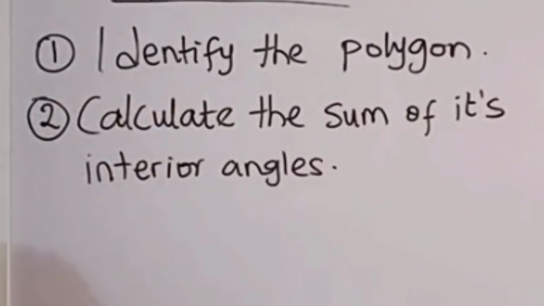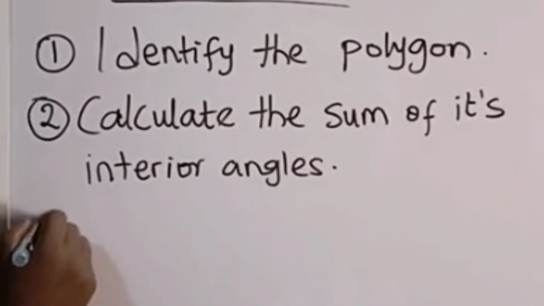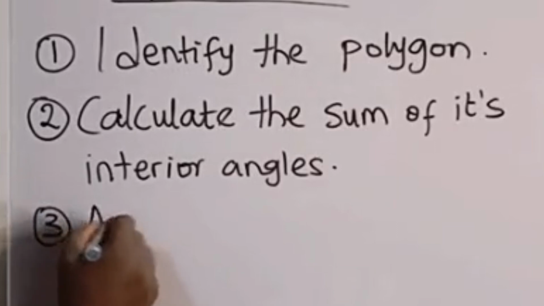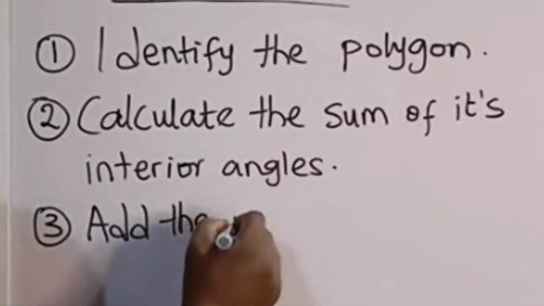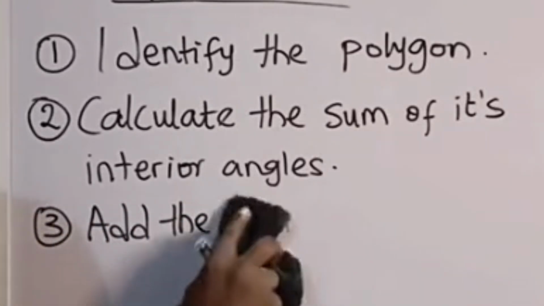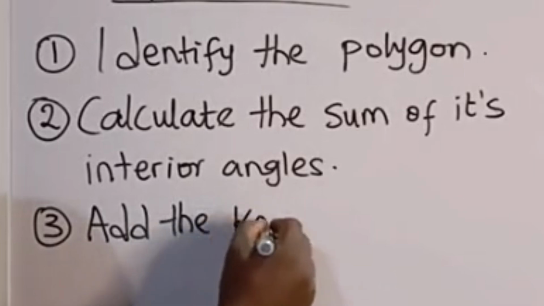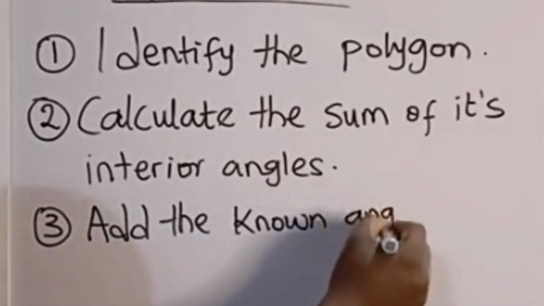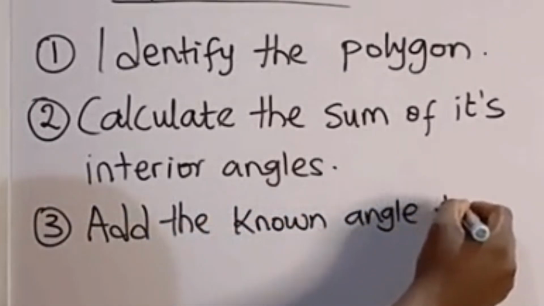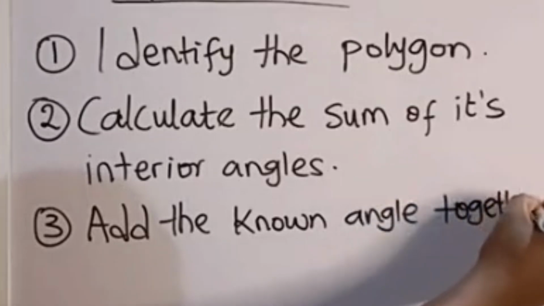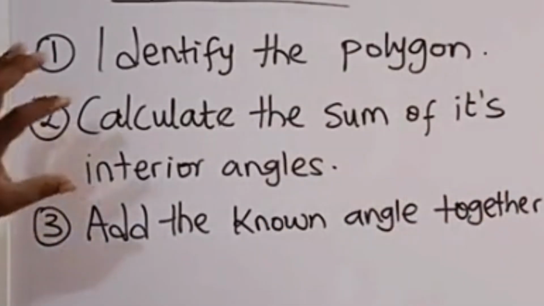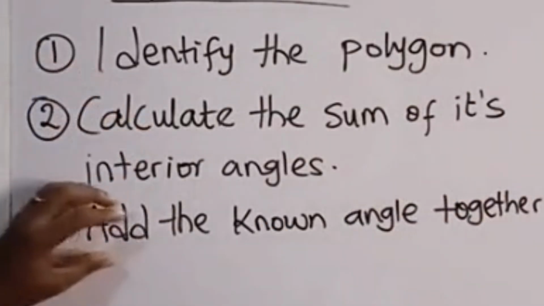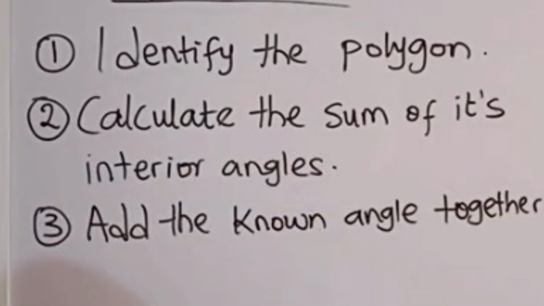The third step is add the known angles together. Once you've found the sum of the interior angles, the next thing is add the known angles together.